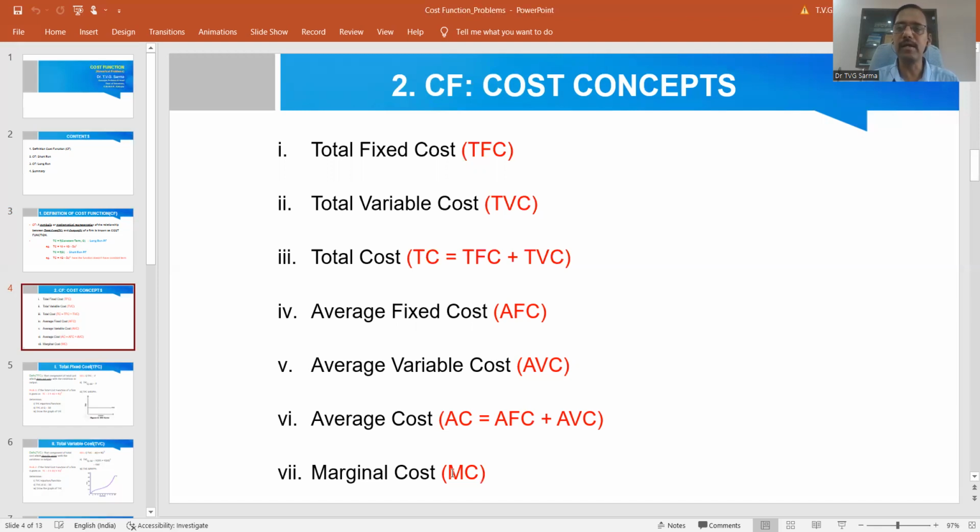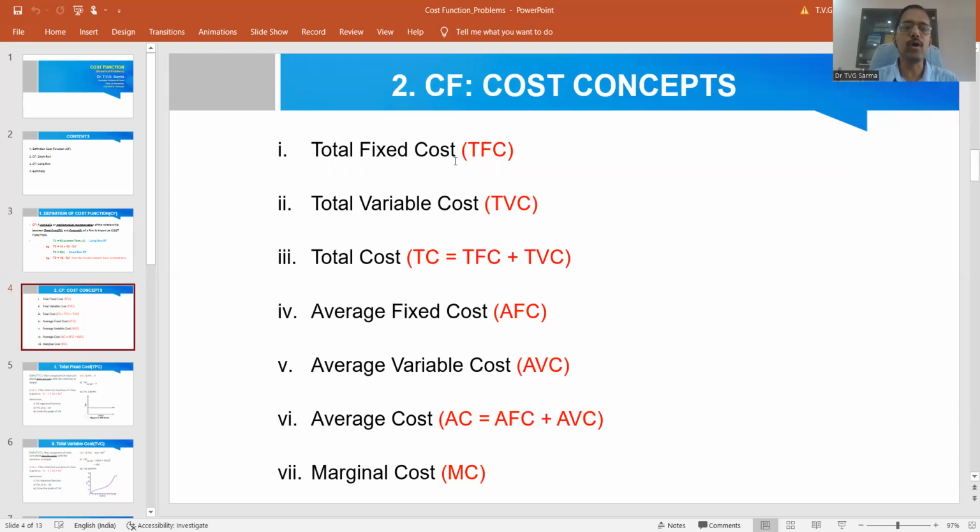In the further slides, we shall see how these individual 7 cost concepts are calculated from a given cost function, and what is the nature of their graphs.